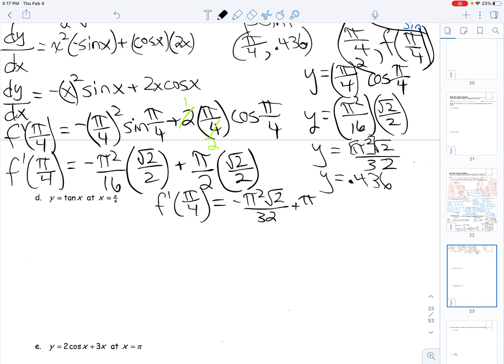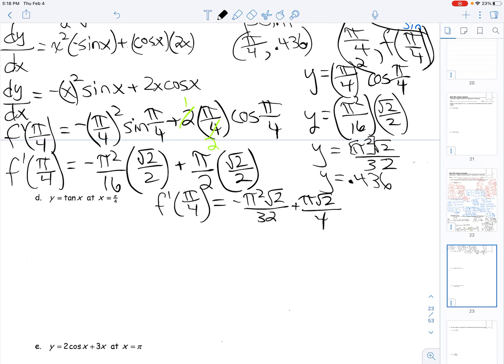So f prime of pi over 4 will be negative pi squared radical 2 over 32 plus pi radical 2 over 4.